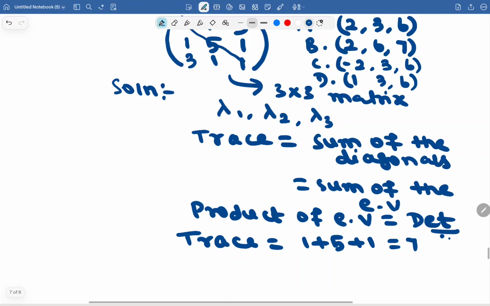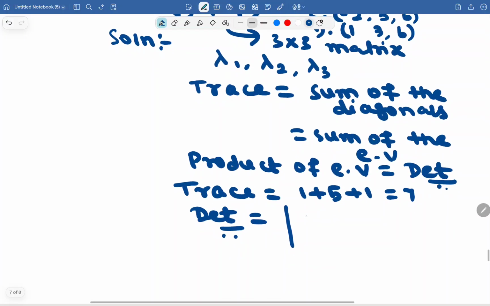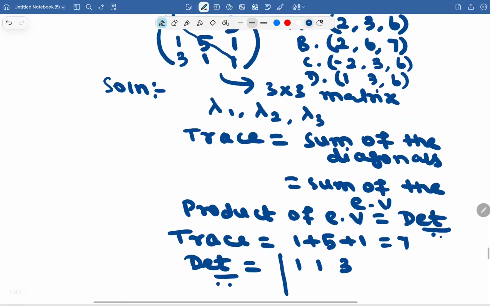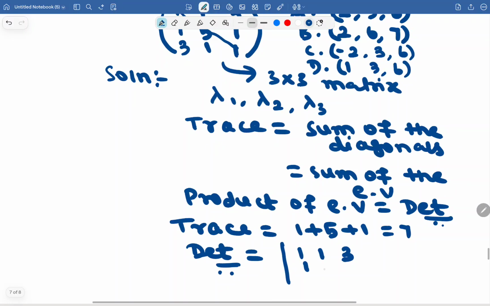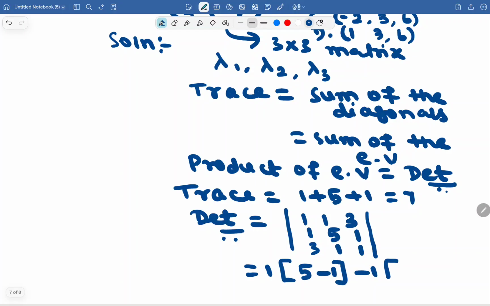And also the determinant of the matrix 1 1 3, 1 5 1, 3 1 1. If you find the determinant value, 1 into (5 minus 1), minus 1 into (1 minus 3), plus 3 into (1 minus 15).